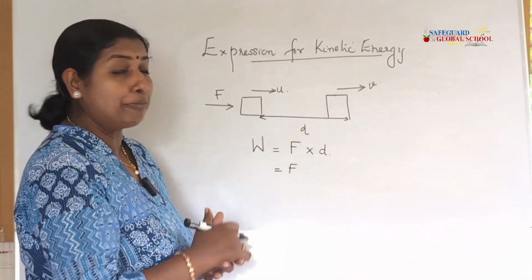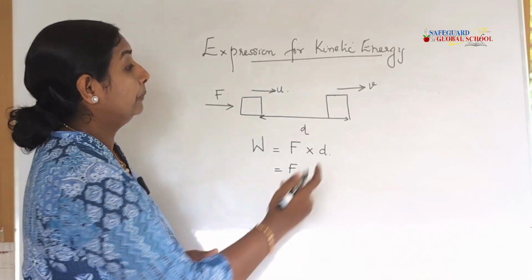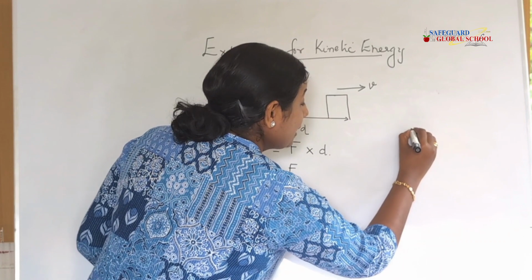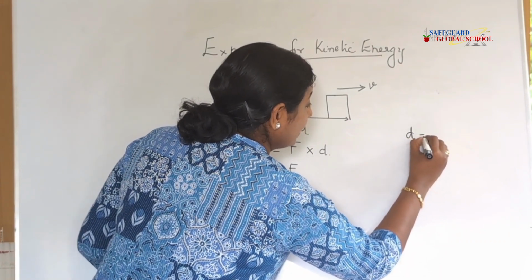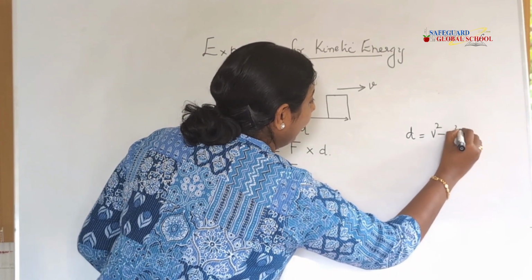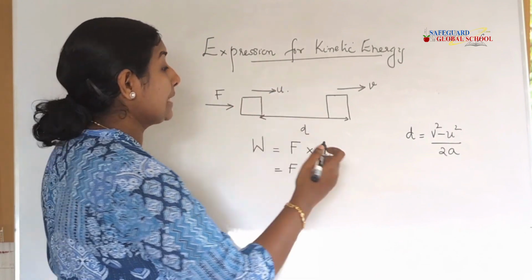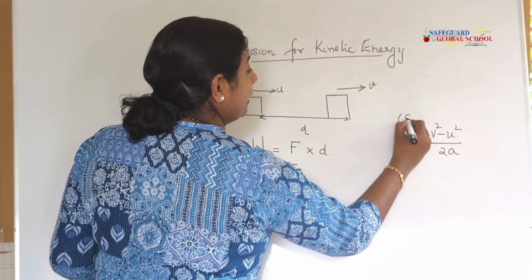How can we write this displacement in terms of u, v and a? In the first chapter, motion, we have already studied that the displacement d of a body is equal to (v square minus u square) by 2a. In that chapter, you probably studied this as s, the displacement.